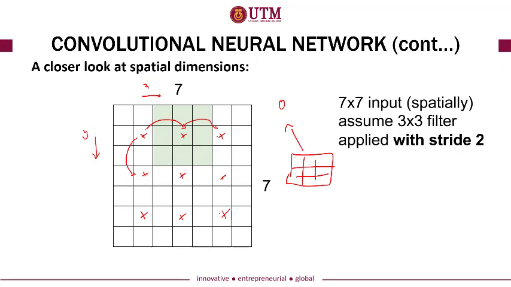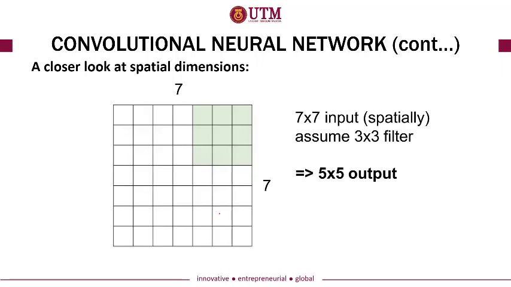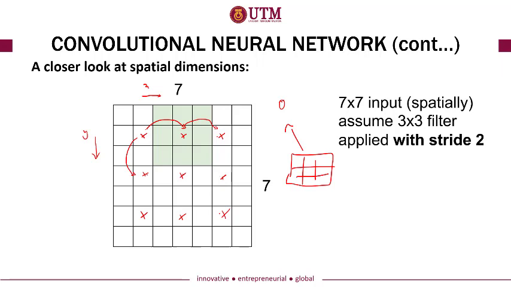So you can imagine what the purpose of stride is. If you increase the stride more than 1, then you are not just applying the convolutional operation, you also apply something like subsampling, or something like pooling layers.